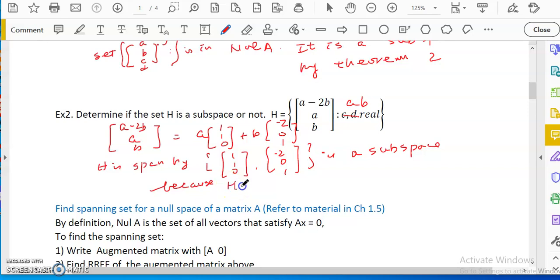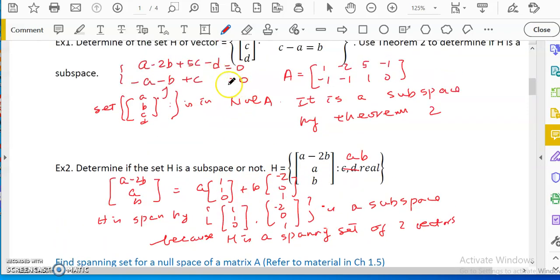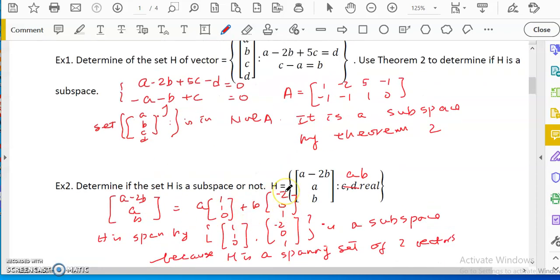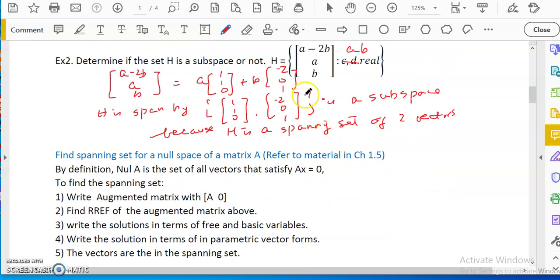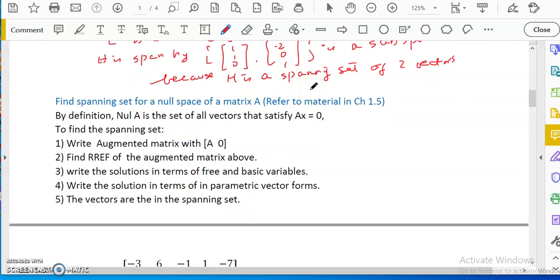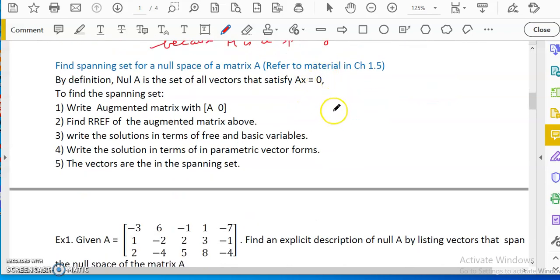So because H is a spanning set of two vectors, it will satisfy all those subspace conditions. Now this one has nothing to do with null A. It is the previous one that has to do with null A. This has nothing to do with another space, and later on we'll define something called column A.